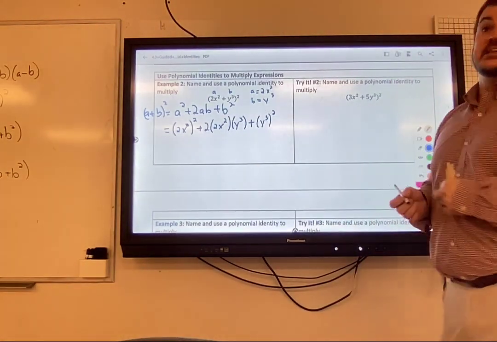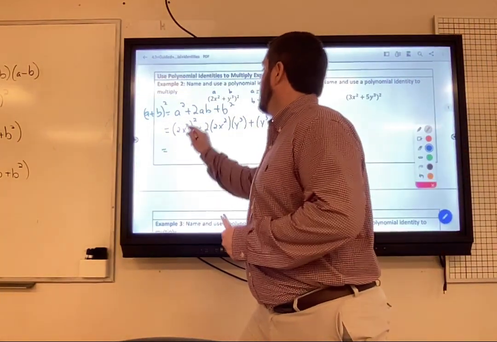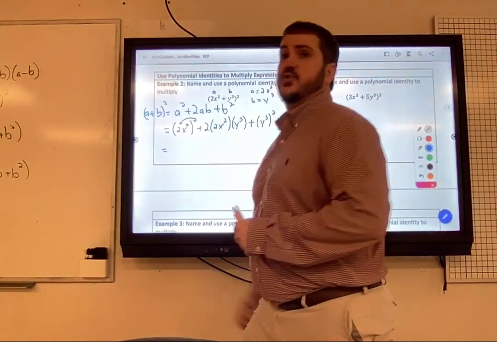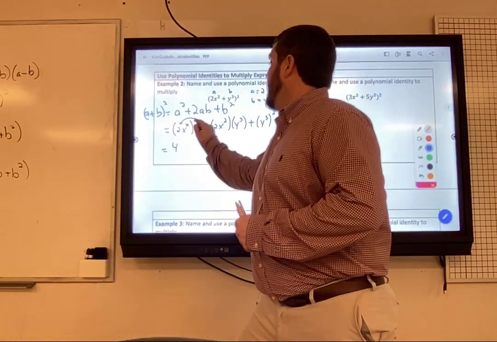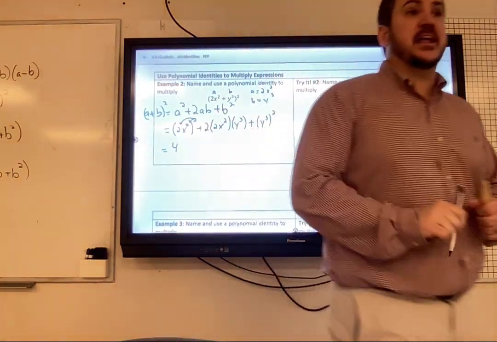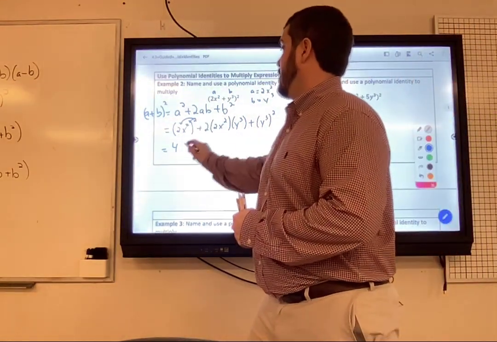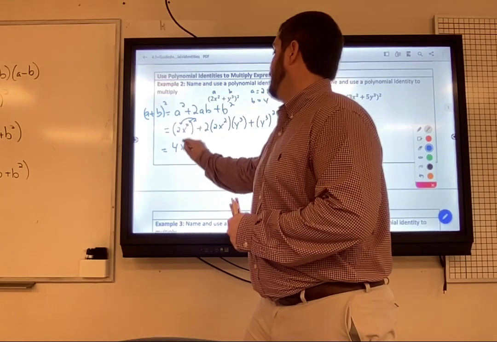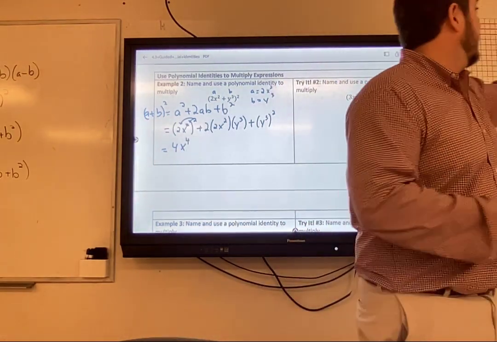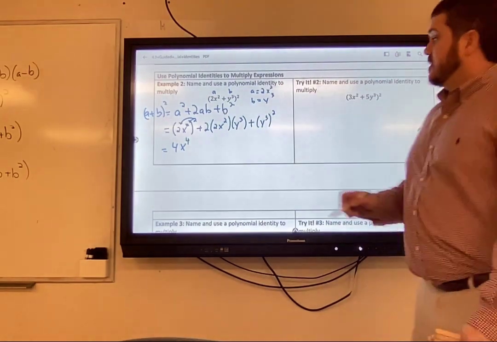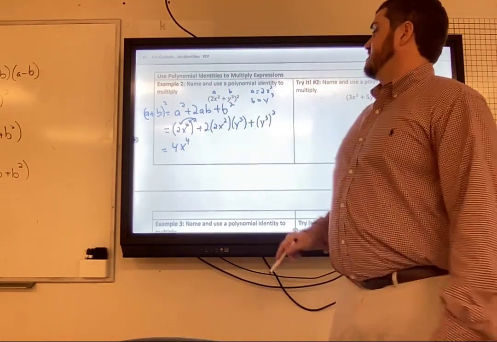And then from there, guys, you just do some simplifying. When I square 2, what's 2 squared? 4. When you have an outside exponent and an inside exponent, you multiply them. So what's x squared squared? X to the 4th. If you don't want to do this, I got my little note over here. Right here in the middle, I got 2 times 2x squared times y to the 3rd.